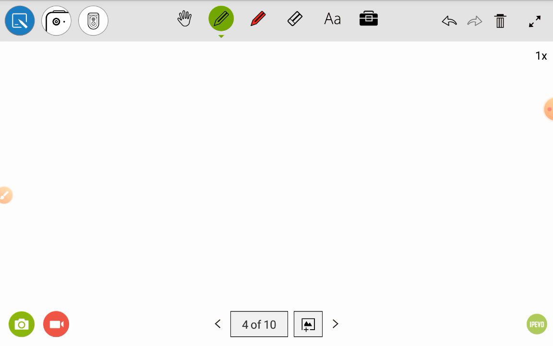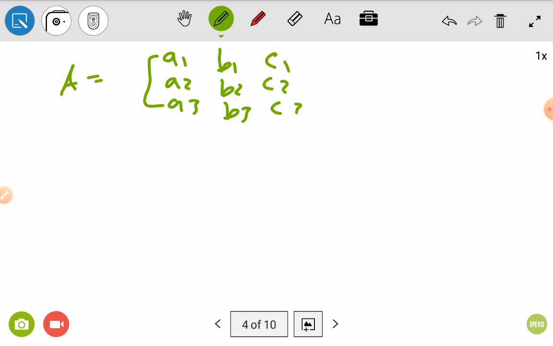But before I start how to solve this linear system, first you have to know how to evaluate the determinant 3 by 3. If you have any determinant 3 by 3, A equals A1, A2, A3, B1, B2, B3, C1, C2, C3.